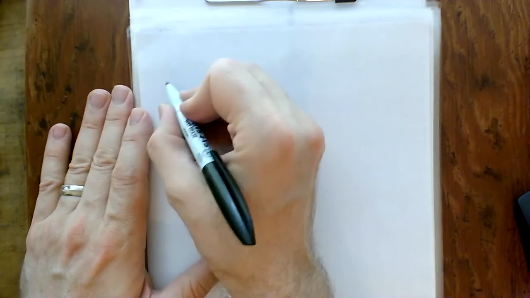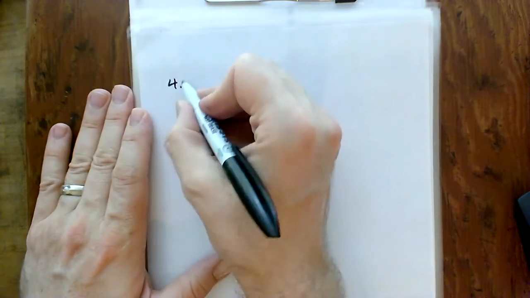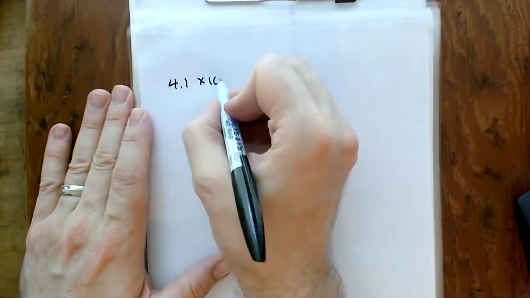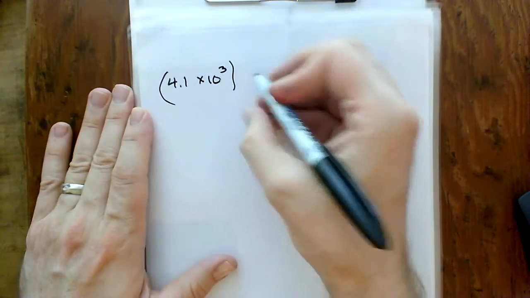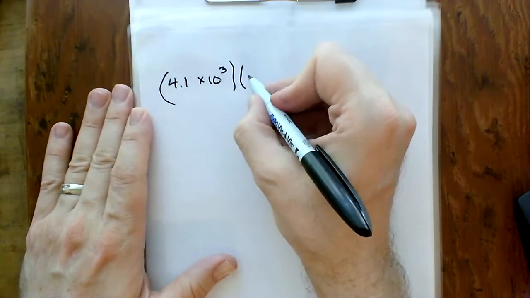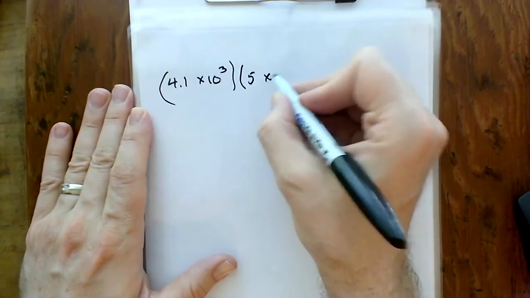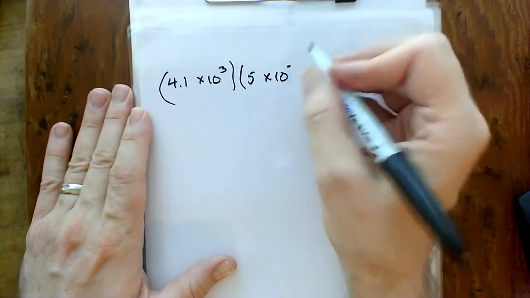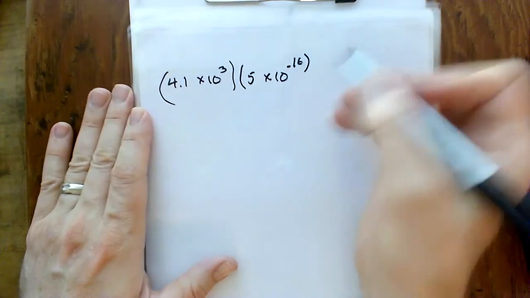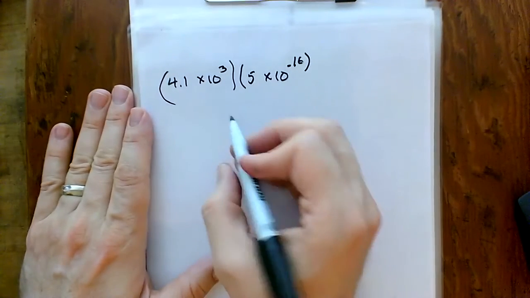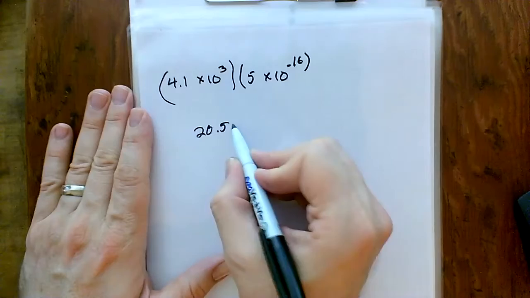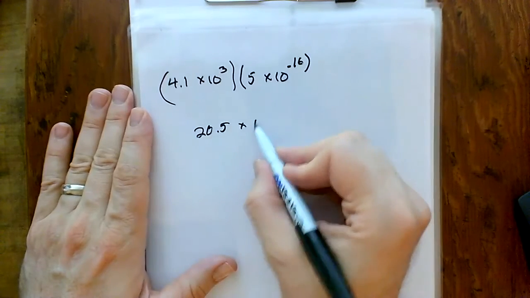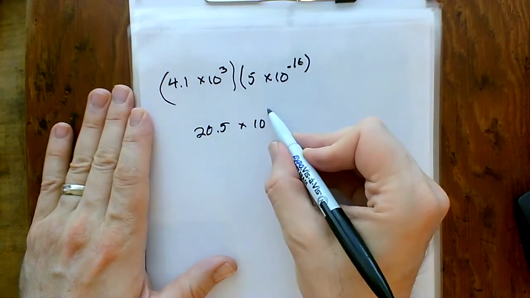Let's say I've got 4.1 times 10 to the third, and I'm going to multiply this by, say, 5 times 10 to the negative 16th. So when I do this, I'm going to end up with, what is that going to be? 20.5 times 10 to the 13th.